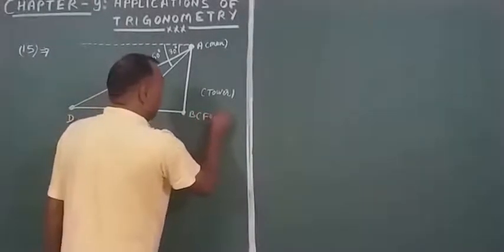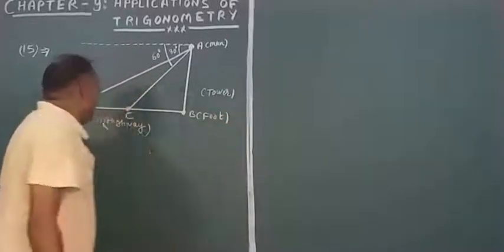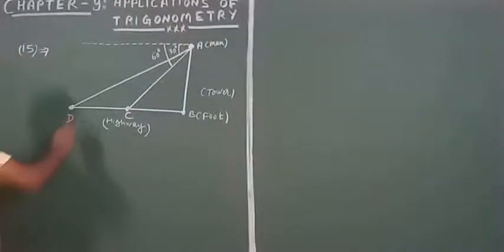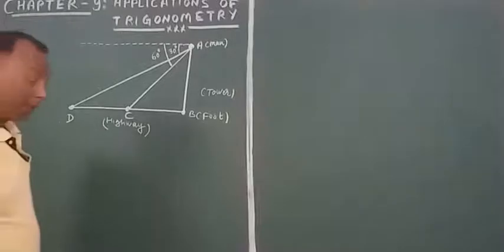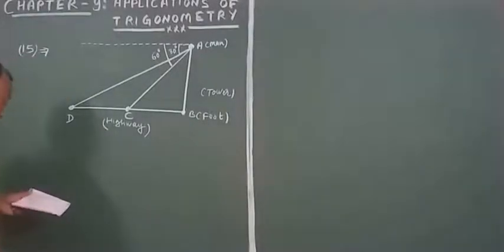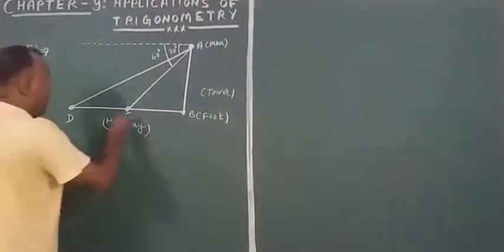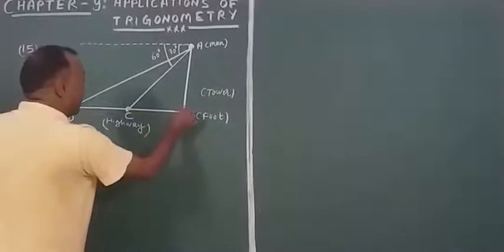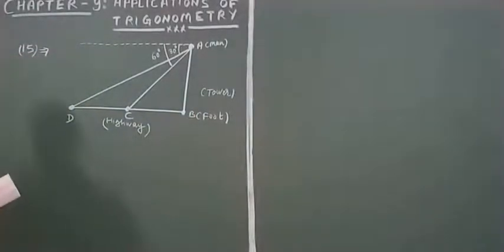This is the foot of the tower. Find the time taken by the car to reach the foot of the tower from this point. इस पॉइंट से टावर तक पहुंचने में कितना टाइम लगेगा? This you have to find. Now just look at the question.